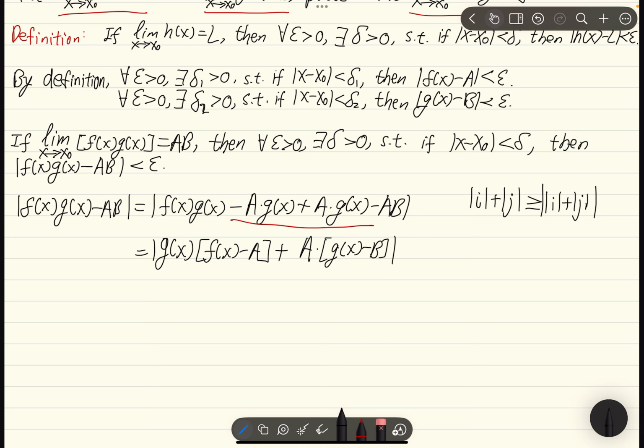And here then, if this is i and this is j, we can rewrite this whole thing. And this would be less than or equal to the absolute value of g(x) times the absolute value of f(x) minus a, plus the absolute value of a times g(x) minus b.